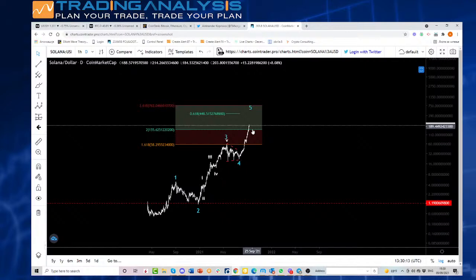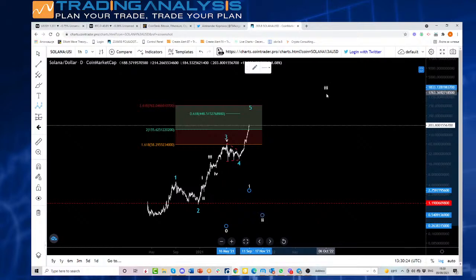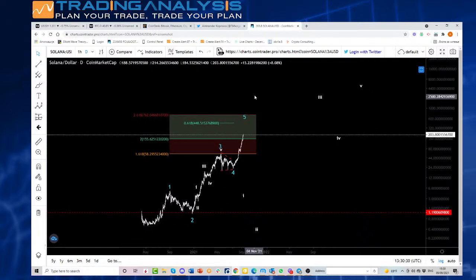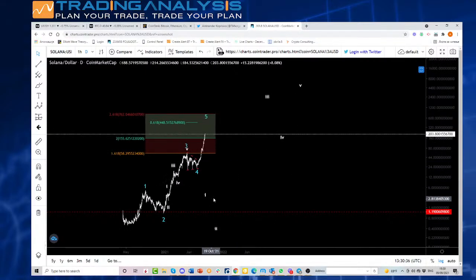Maybe we can see a little bit more pullback down to this 130. But the bullish chart, which I will prepare for the next time, portrays a possible sequence in a 1-to-1-2, which means that we had a very small second wave here, and that Solana might even continue pretty much higher to these 600, 800 levels. So we will see that for the next time.